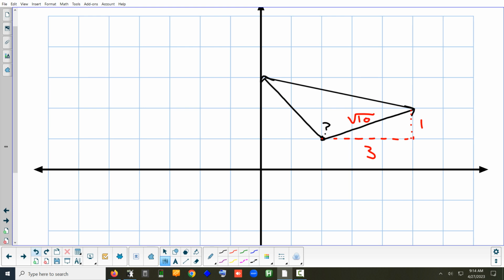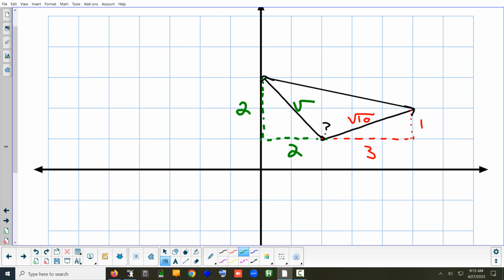Okay, now we could use a different color. Let's do this one. This side is 2. That side is 2. So what's the length of that side? The square root of 8.